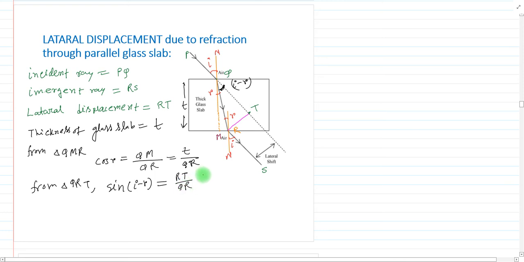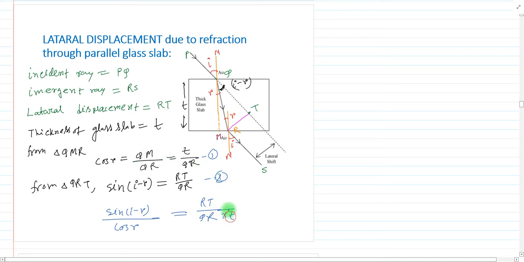Suppose the cos r equation is equation number 1 and the sin(i minus r) equation is equation number 2. Then if we write sin(i minus r) by cos r, we get RT by QR divided by T by QR.